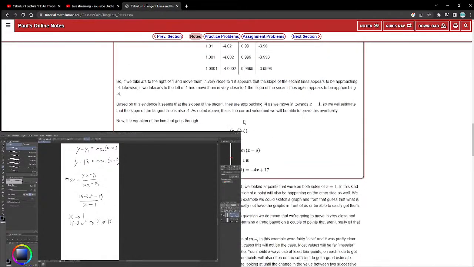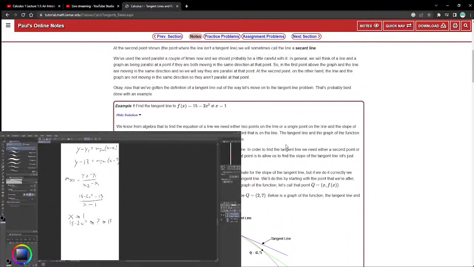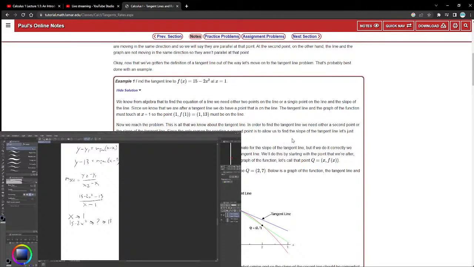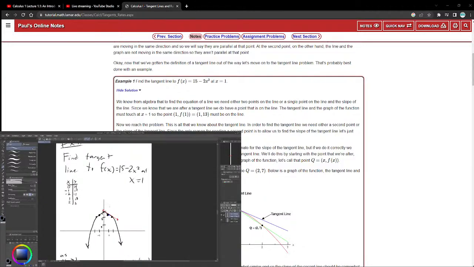Whoa, it's got animated at the bottom. Alright, so they plug in x equals 2. We get 2, 7. Wait, that's not what I got, is it? Did I do this wrong? I plugged in 2 wrong.